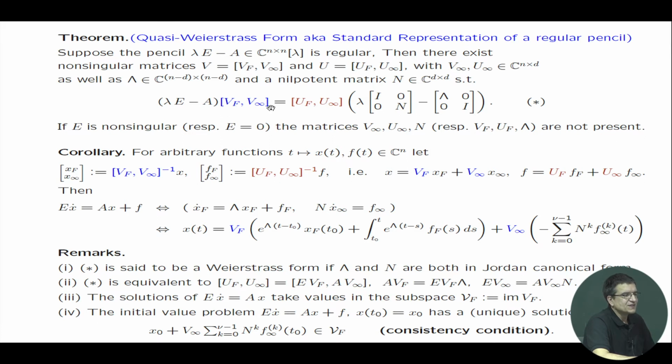This is a matrix V, and this is a matrix U, and both are split into two parts. We have a first block of columns and a second block of columns. The first block of columns corresponds to the finite eigenvalues. We will see details later.